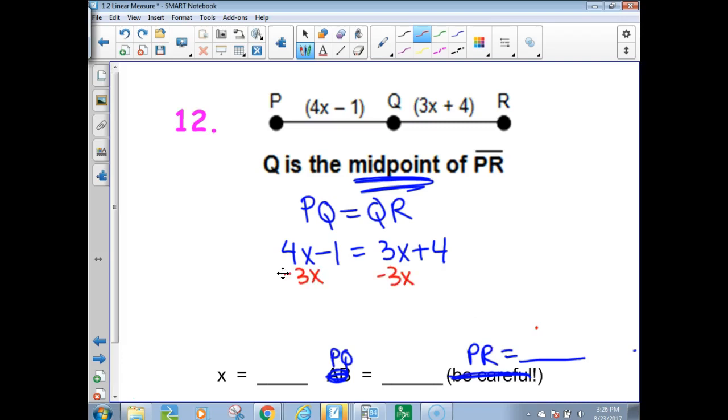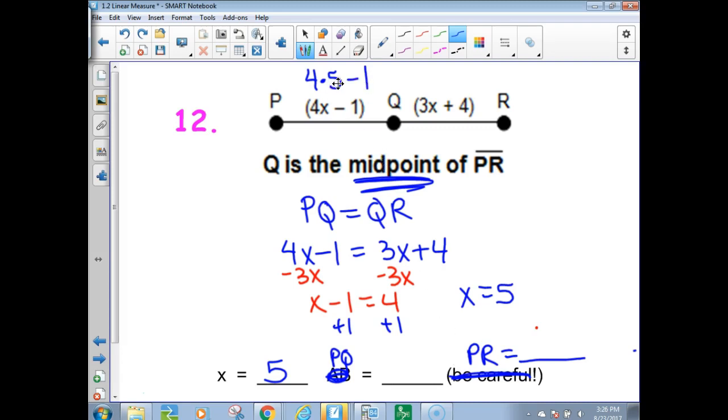So subtract 3x from both sides. And then add 1 to both sides. And x will equal 5. And then P to Q, we're going to substitute in 5 for x. We're going to do 4 times 5 minus 1.